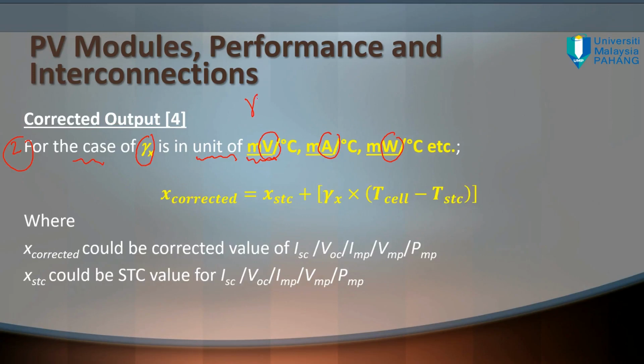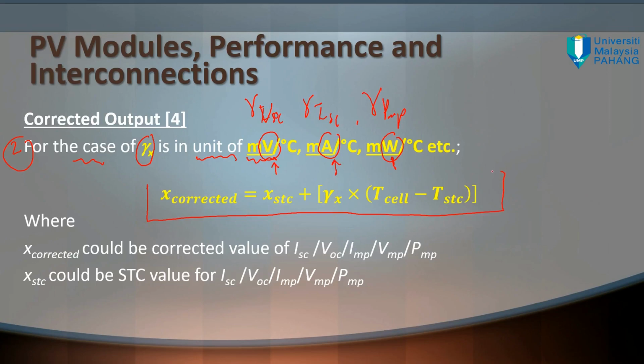For example, this is the ISC, this is the VOC, and this is the PMP. If these values are in volts, amps or watts, you are going to use this equation.